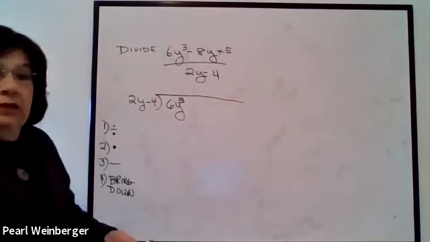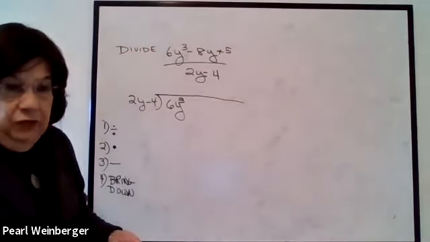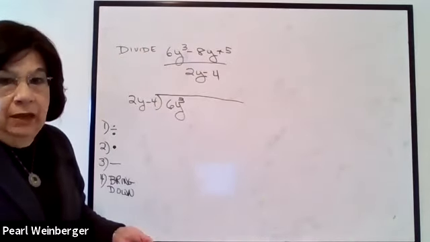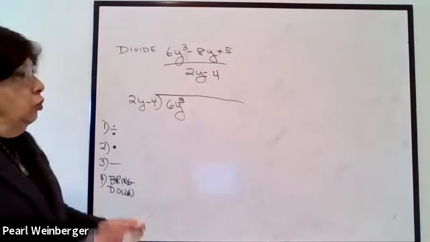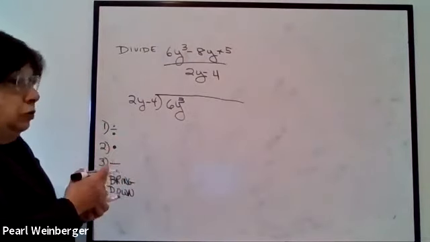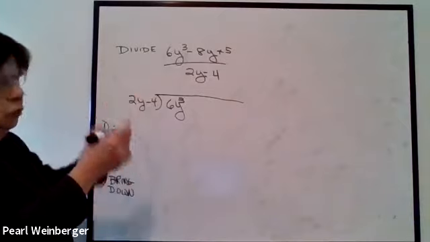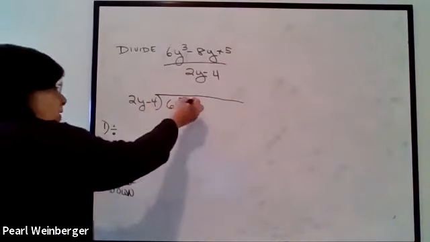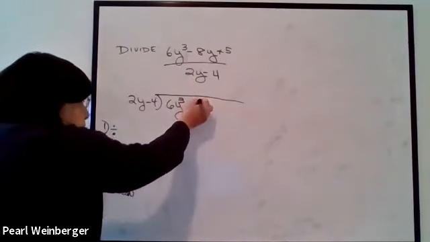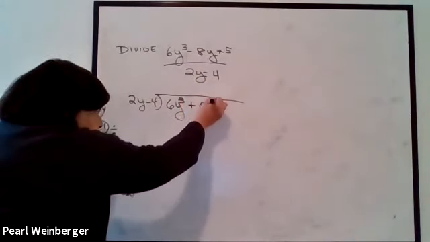Now, usually that doesn't make a difference, and you just go along with the problem, except when you have this long division. You have to account for every term. So if a term is missing, in this case the y squared term, you have to put in a filler for it. We don't have any y squared, so I'm going to put in plus 0y squared.